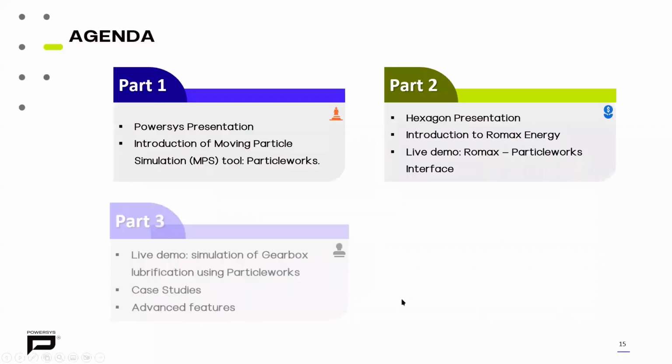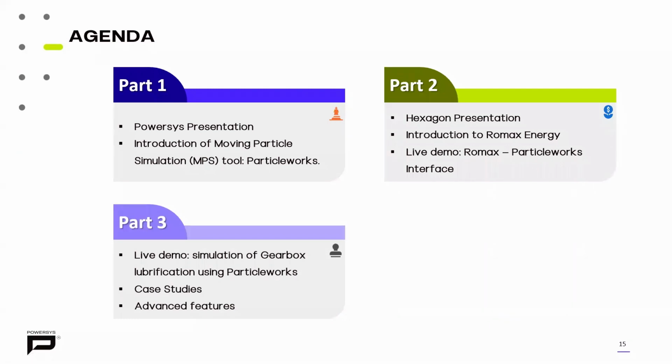Okay, so let's continue with the next part, part 3, where I will try to show you the result of the gearbox lubrication in Particleworks, and I will also present some use cases and some advantages of Particleworks features.